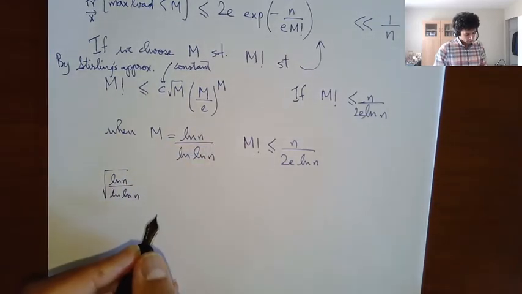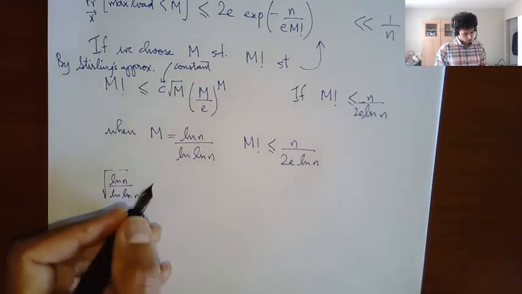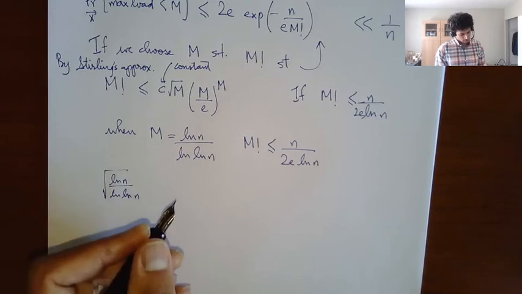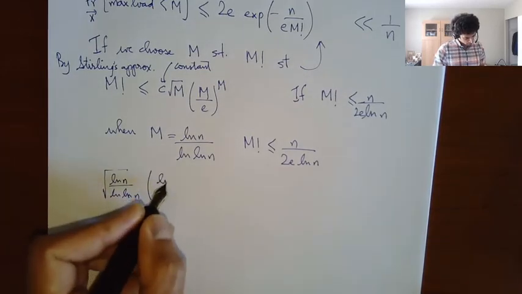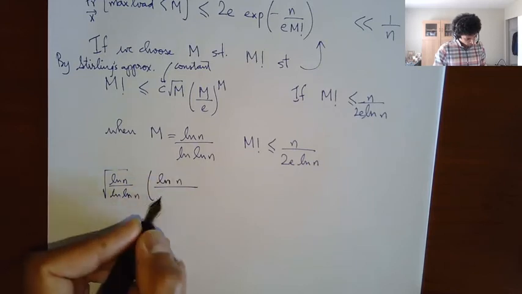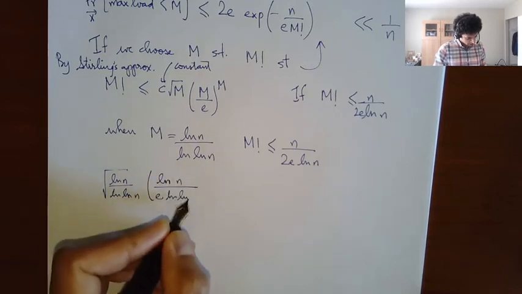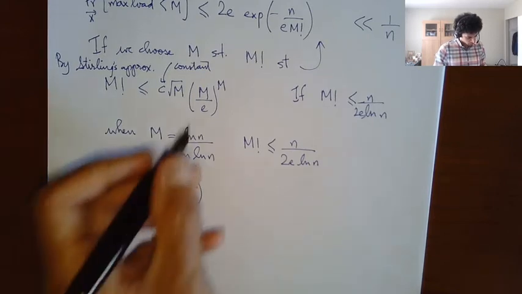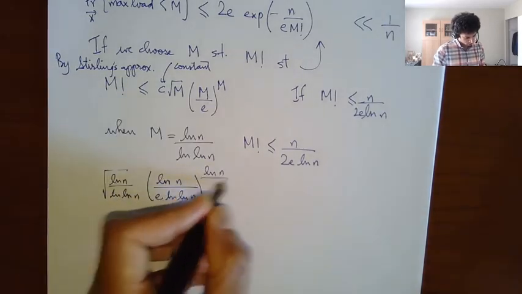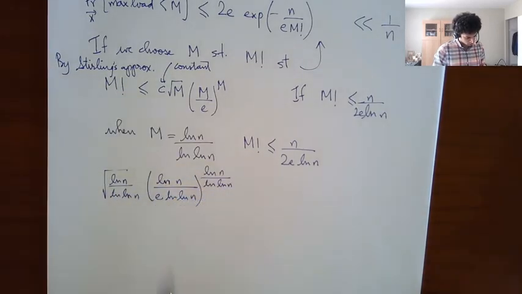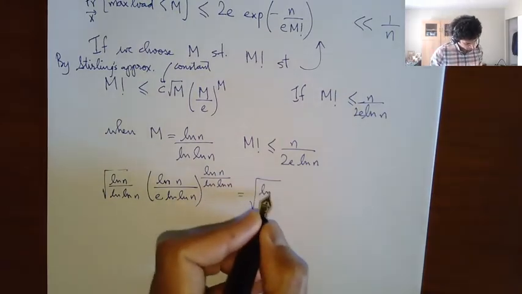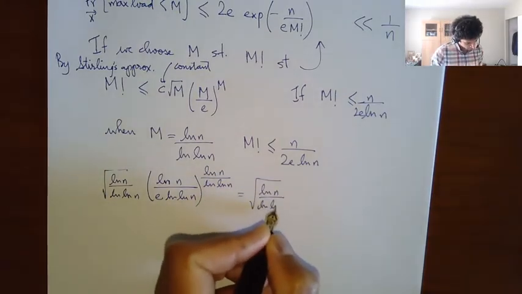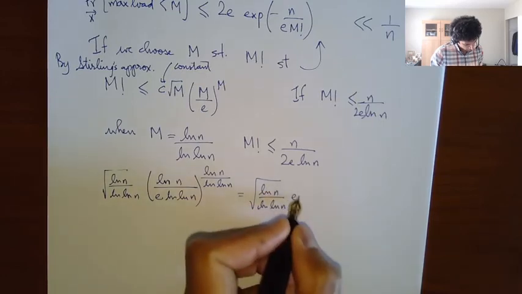And if you apply Stirling's approximation and you crank through the math, you'll get log n divided by e log log n to the power log n divided by e log log n.